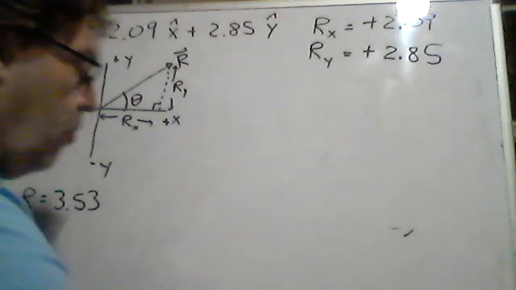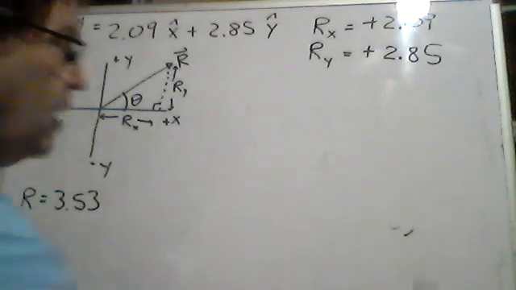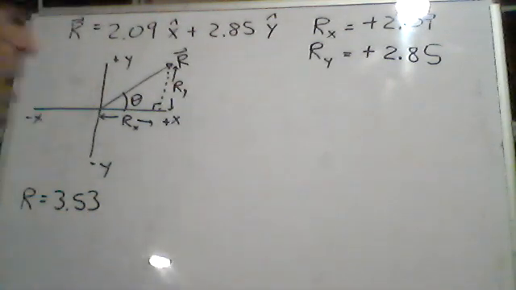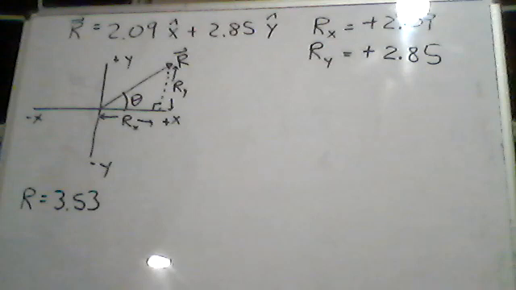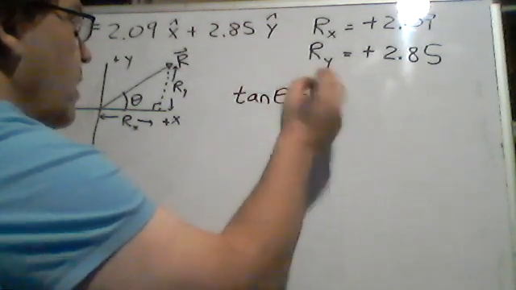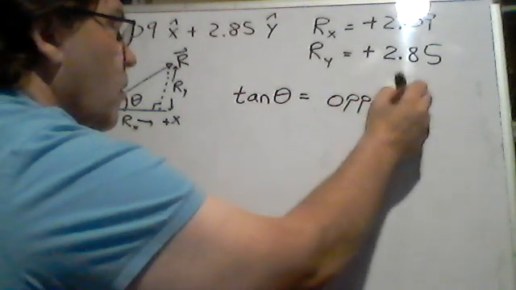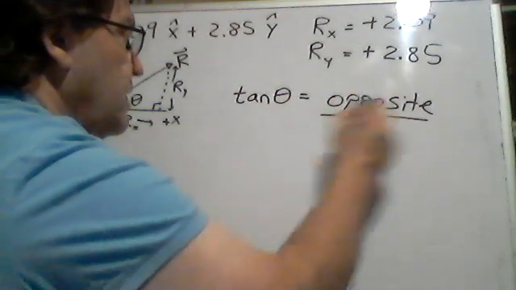Now that I know the magnitude, or hypotenuse, I can actually use sine, cosine, or tangent. Typically, one assumes that you don't know the hypotenuse yet, and what you have coming to the problem is just the components, and so you'll use the tangent. A reminder: tangent of theta is the opposite divided by the adjacent.